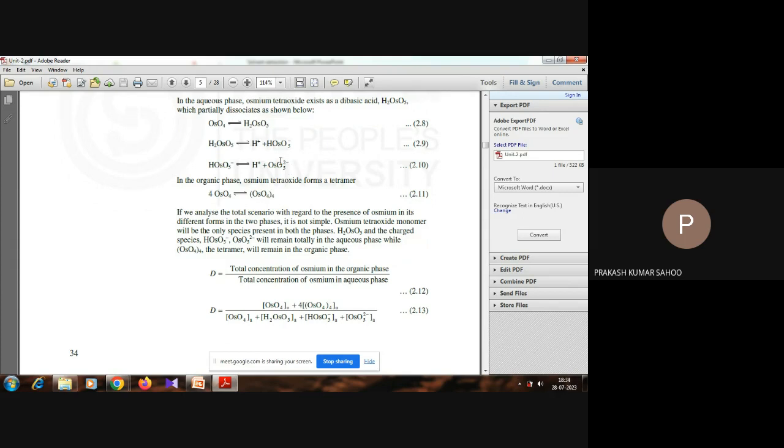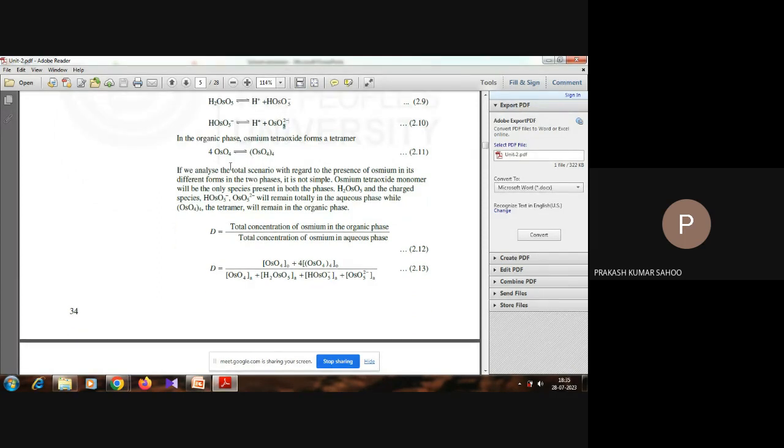So just see, in the aqueous phase we have OsO4 as the first, then the second H2OsO5, then the third HOsO5 minus, then OsO5 2 minus. So we have 4 things in the aqueous phase.